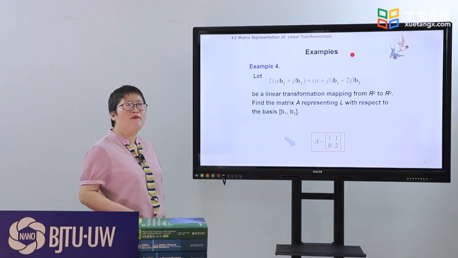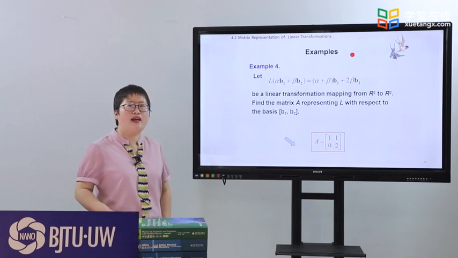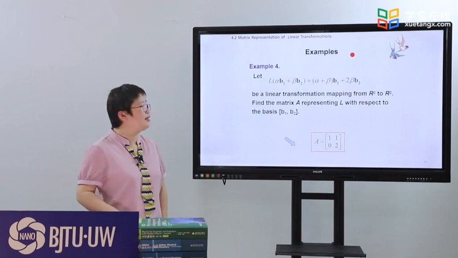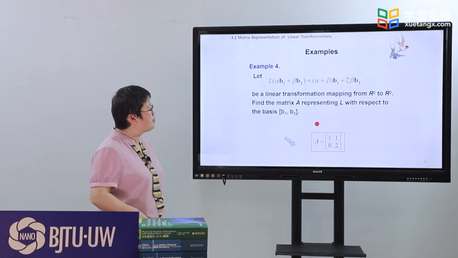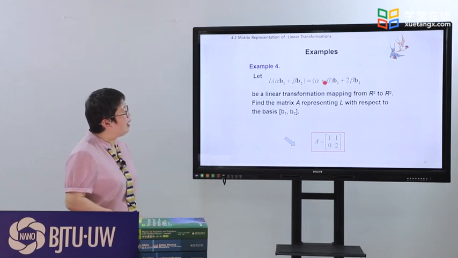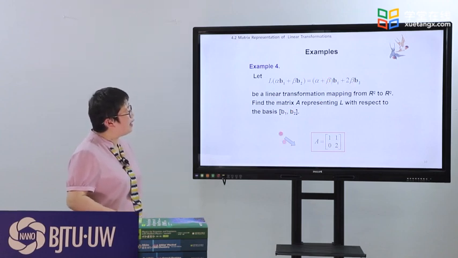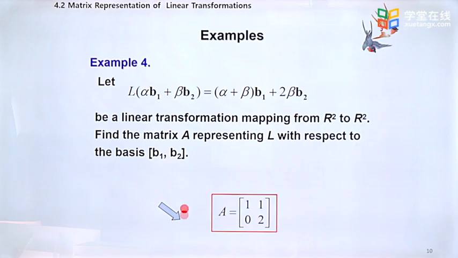So you should have y equals A times x. This means you should find the matrix such that (alpha plus beta, 2 beta) equals this matrix times (alpha, beta). So of course A can be obtained easily. A equals: the first row should be 1, 1, and the second row should be 0, 2.